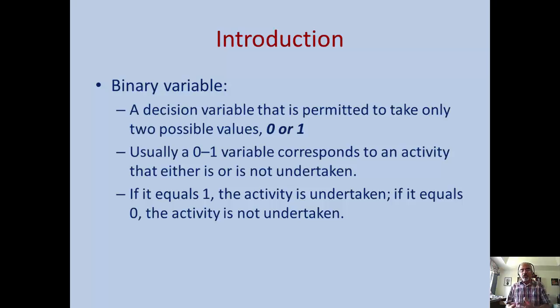So yes or no kinds of decisions. If the variable is equal to 1, then the activity is undertaken or a choice is made. And if it is equal to 0, that choice is not made or that activity is not undertaken. So that's how binary variables will work.